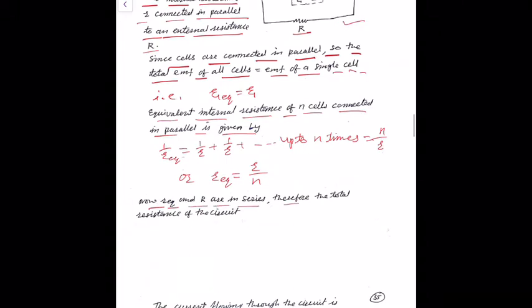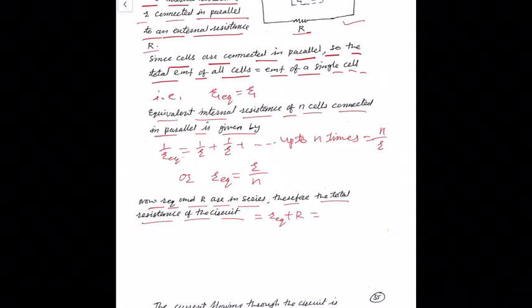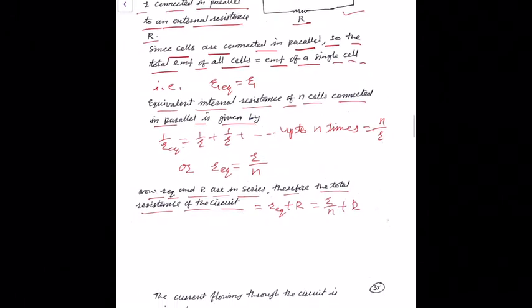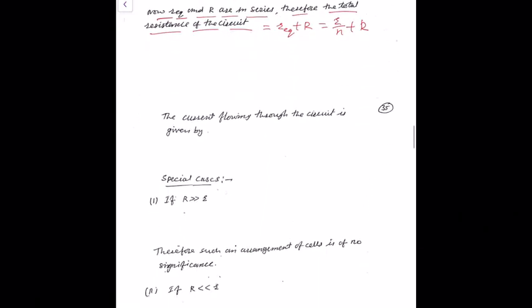Now r equivalent and R are in series, therefore the total resistance of the circuit is equal to r equivalent plus R, or r upon n plus R.